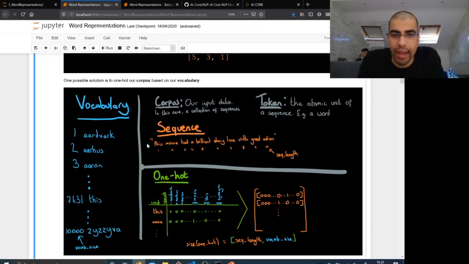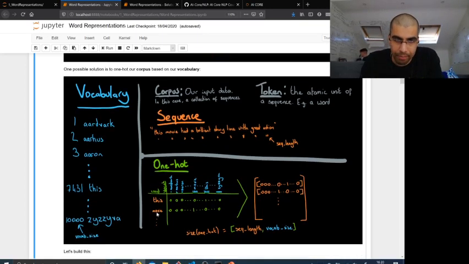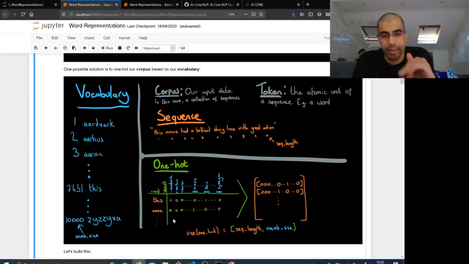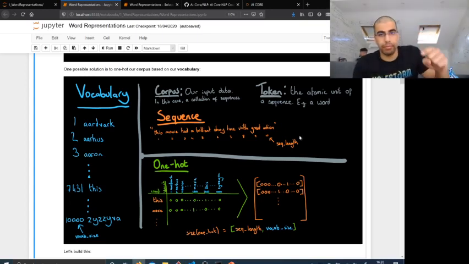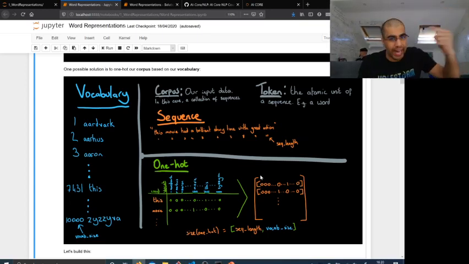And we need to do this for every sequence in our corpus. I understand it's a bit small. If you have the Jupyter Notebook up, maybe you can see it more clearly. Our one-hot matrix, which is all the one-hot vectors for our sequence, will be of size sequence length times vocab size. Because the sequence length is 10, we will have 10 entries of those 10,000-long vectors, one entry per word.